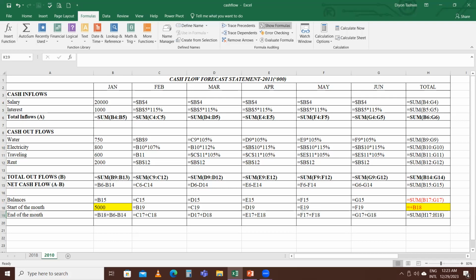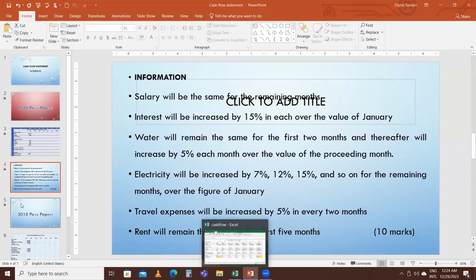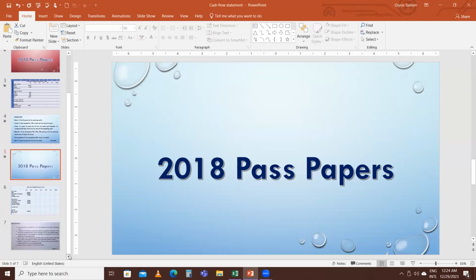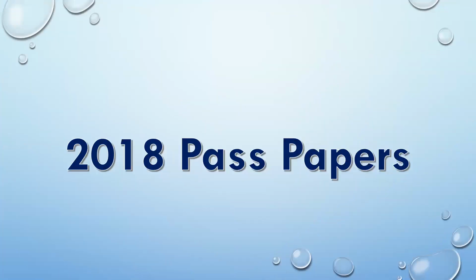Now, I will move on to the 2018 paper. Up to this year, we have just two cash flows in our past papers. The next one is the 2018 paper.